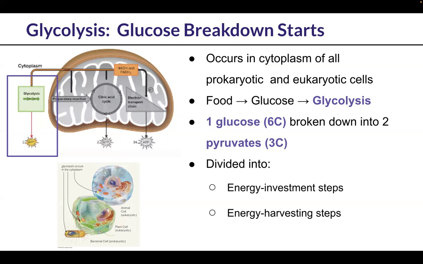It takes some energy for us to be able to convert that glucose into this pyruvate molecule, but at the same time, the energy of breaking those bonds, when we're going from that 6-carbon to the 3-carbon, we're also going to harness, and we're going to place it into ATP.